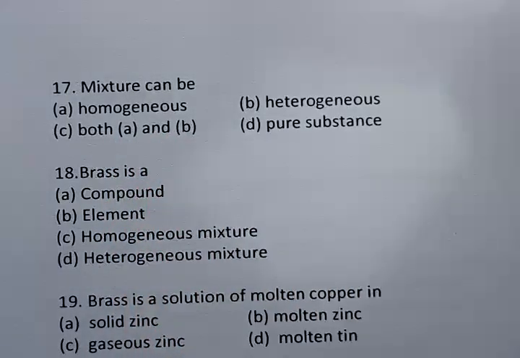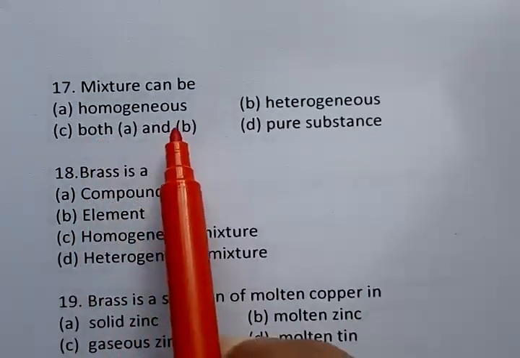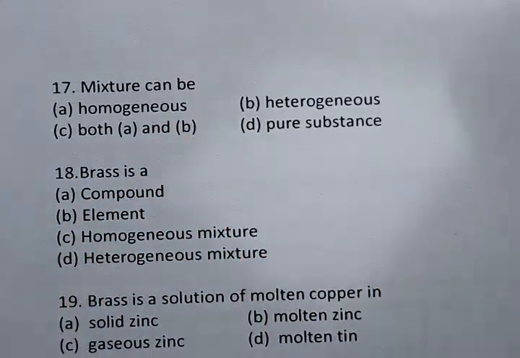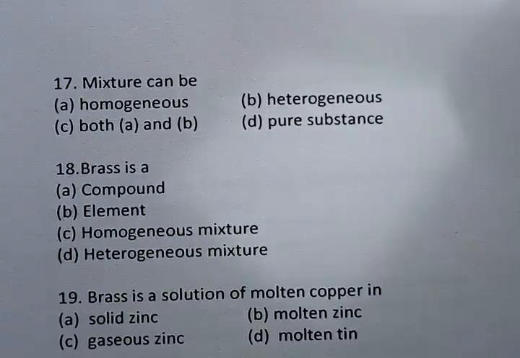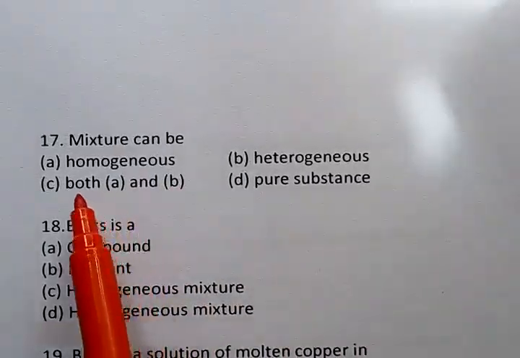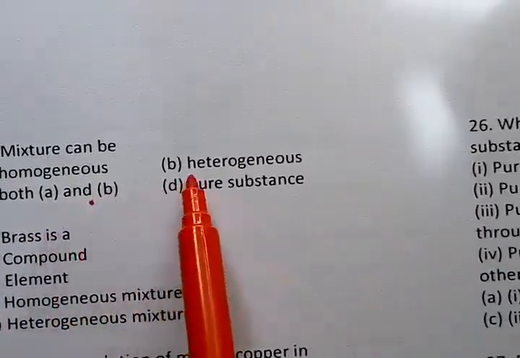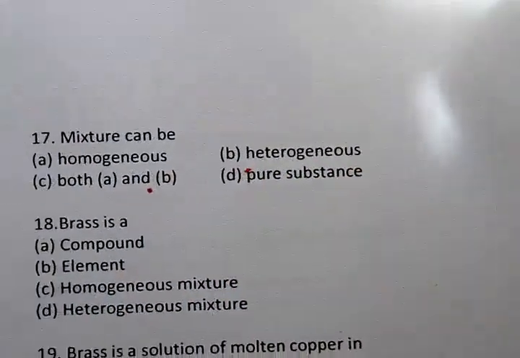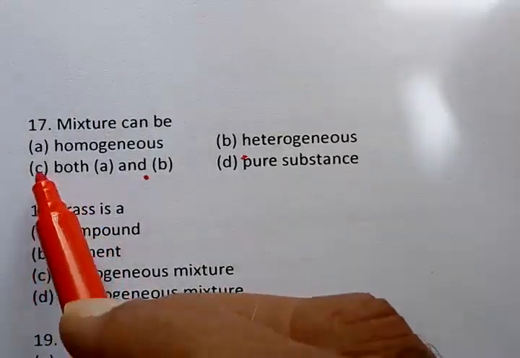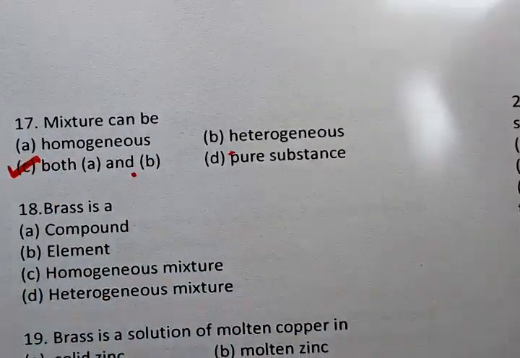So homogeneous means any part of the substance, if you check, it should have the same combination. Okay. So mixture can be homogeneous or heterogeneous. Heterogeneous means at different places it will show different composition. So it can be both. Okay. Both A and B.